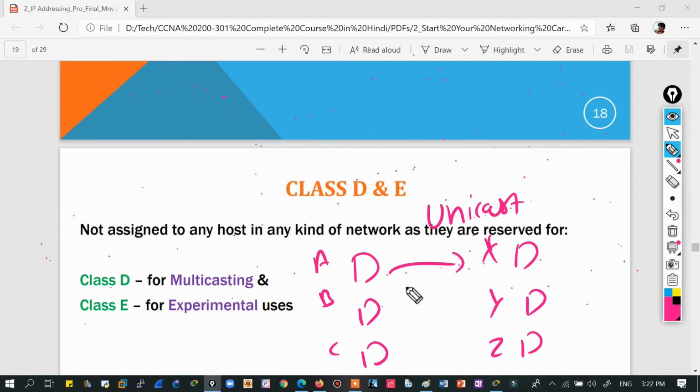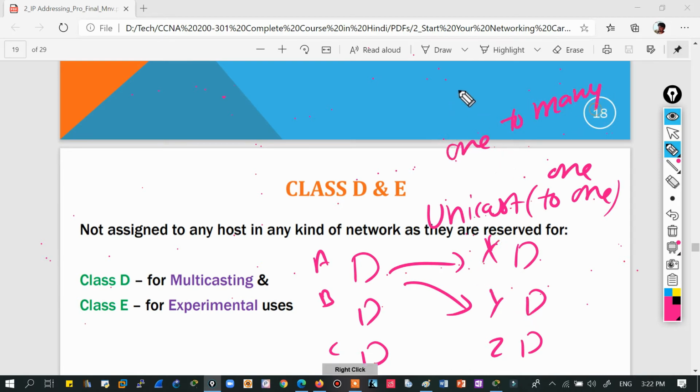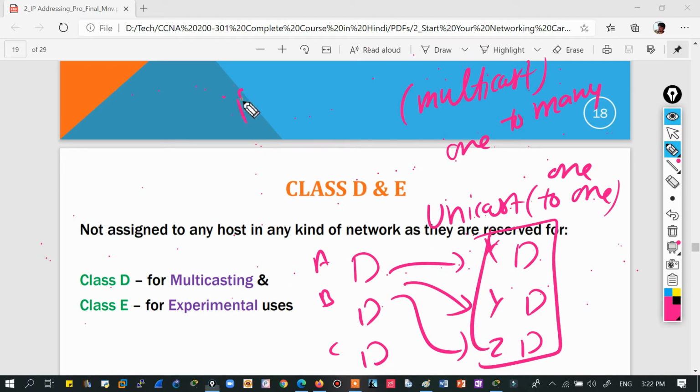When A is sending data to X and Y, meaning to more than one, one to many, that is one more type of communication, which is multicast. It means you are communicating with a group. And when A is sending data to all of the devices in this network, it is broadcasting. What is broadcasting? One to all in the network.